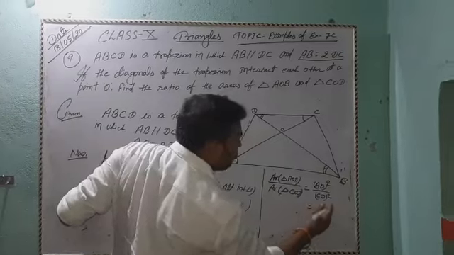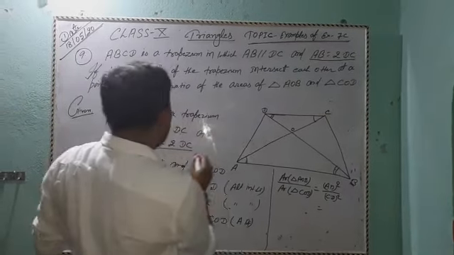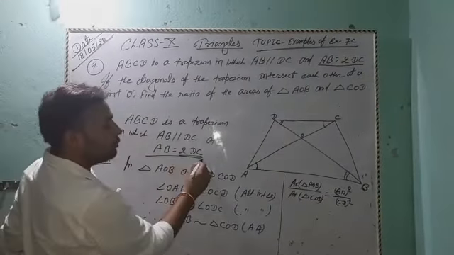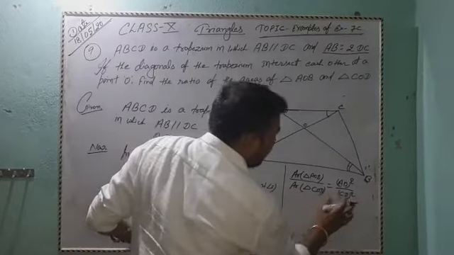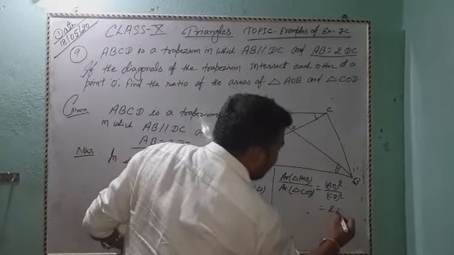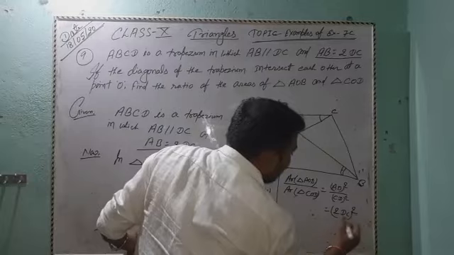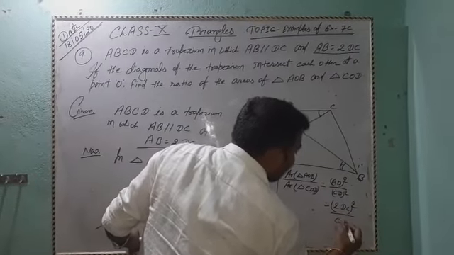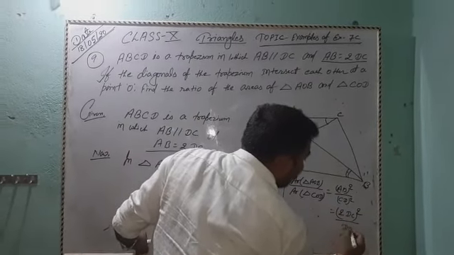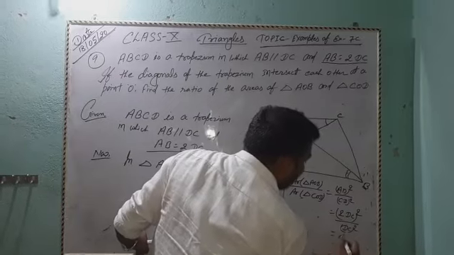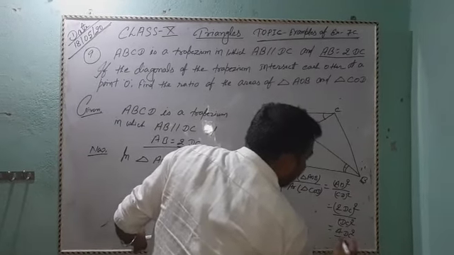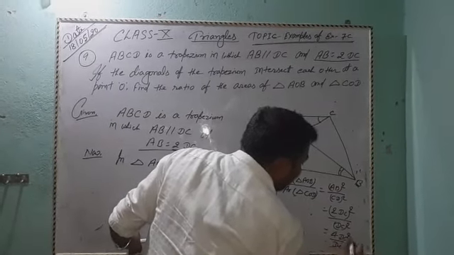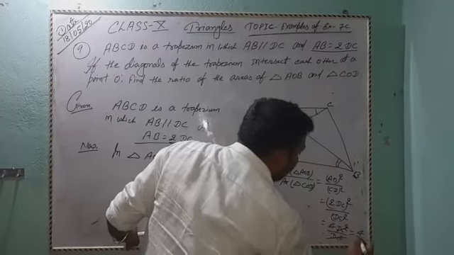Okay, so AB equal to 2DC. So 2DC whole square by DC square, that is 4DC square divided by DC square equal to 4/1.